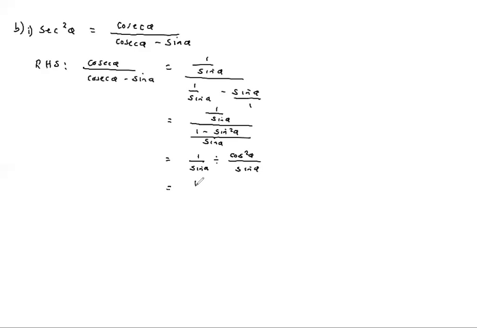If you change the division to multiplication, you get that over cos squared theta. So sine and sine cancels. You have that, but you know that 1 over cos is sec. Now because cos is squared, you're dealing with sec squared theta, which is your left hand side.